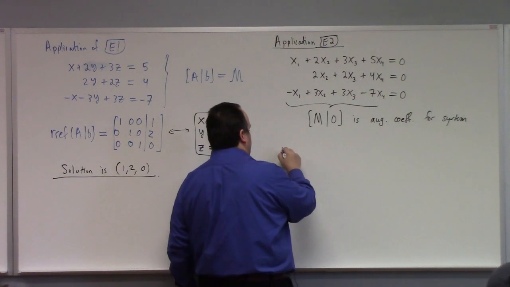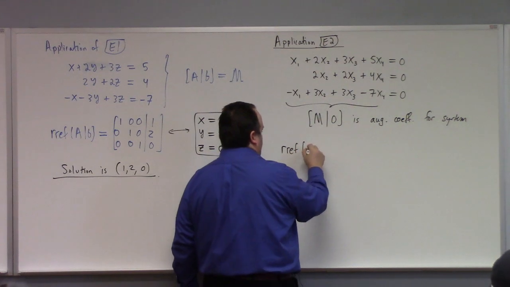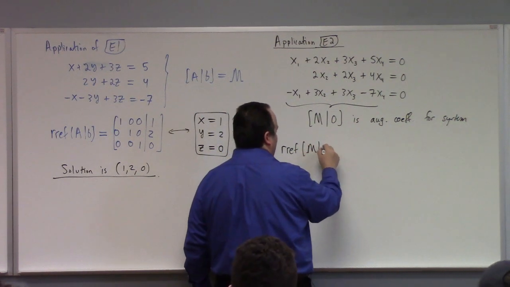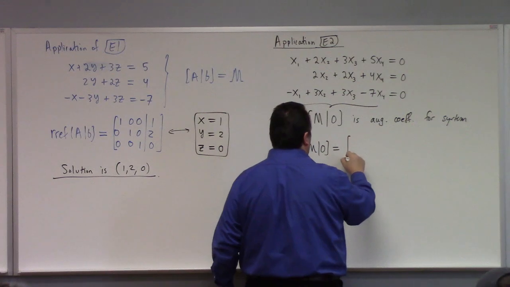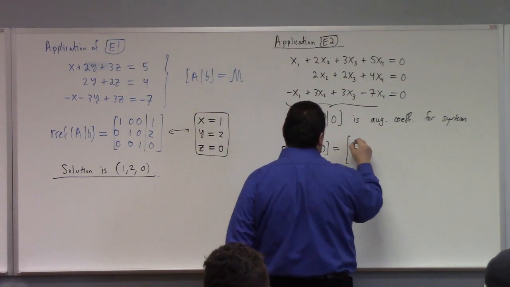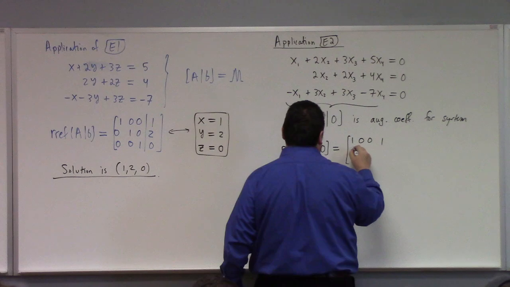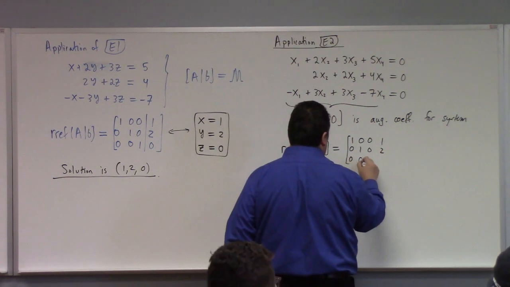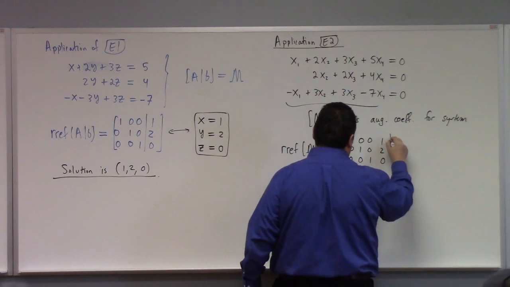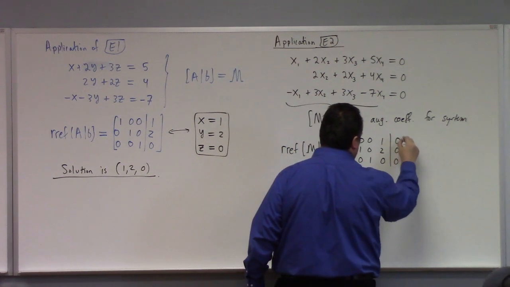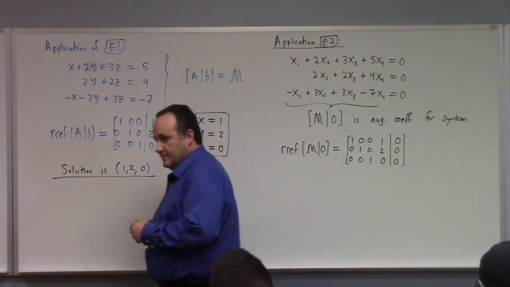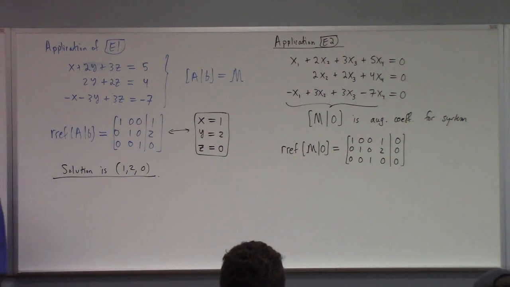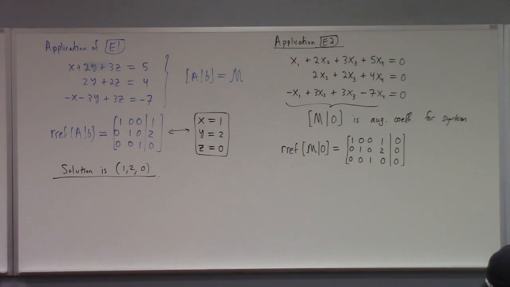And we can calculate, as we just did in example 2, the row reduction of the augmented coefficient matrix here, which is 1, 0, 0, 1, 0, 1, 0, 2, 0, 0, 1, 0, with zeros at the end. You might say you don't even really need to write the zeros at the end. You can still figure out everything without writing those zeros. That's true, but I think we're going to write the zeros so that we understand what we're doing more.